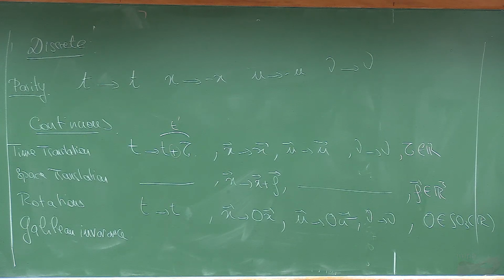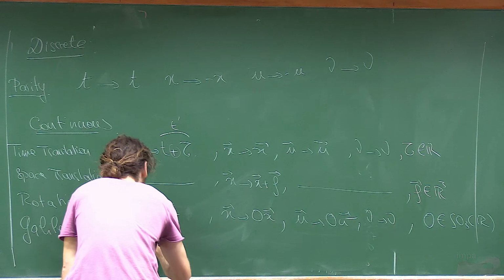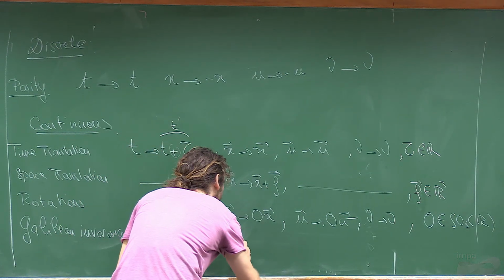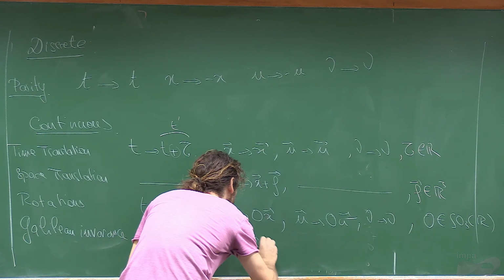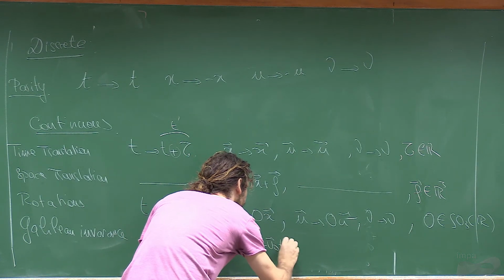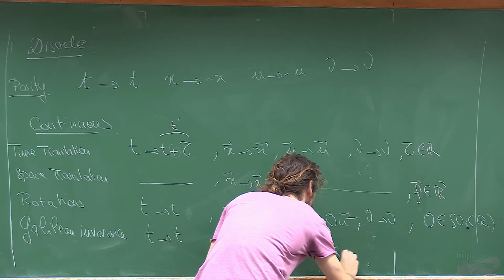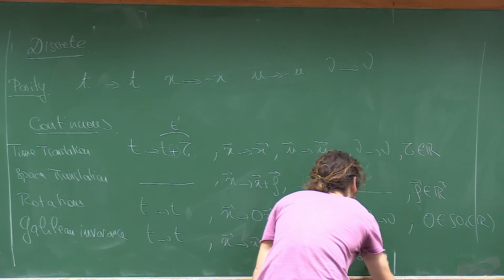So this is formulated in terms of this transformation: x gives x plus u0 times t, u gives u plus u0, and t gives t.